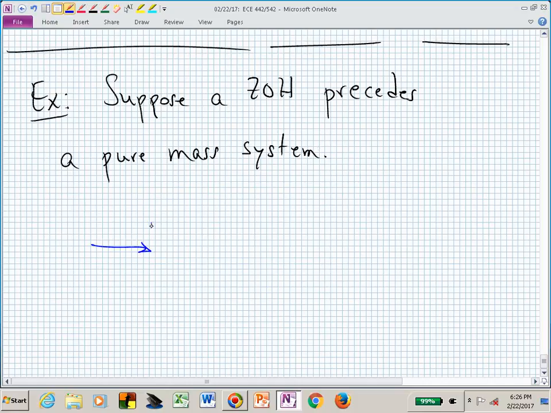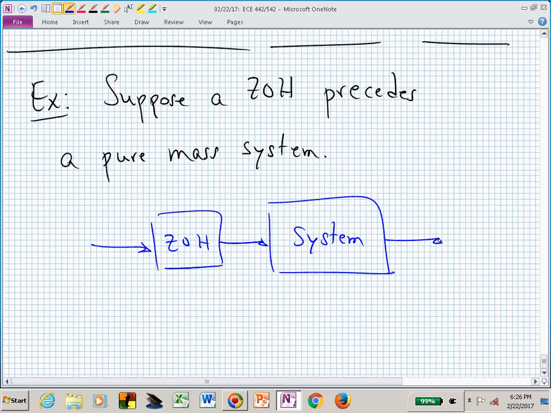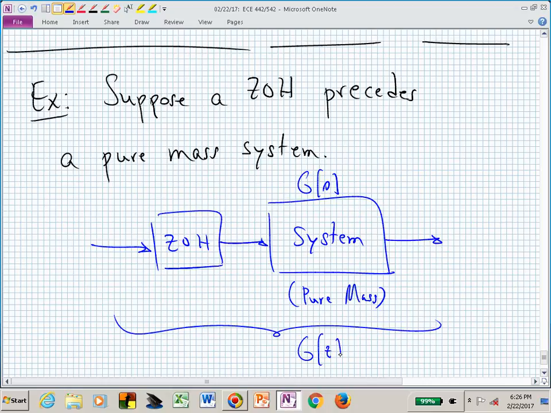Now what I have is a zero order hold, and I have a system which I've called G of S before, but this system is not just a gain 5, it has the dynamics of a pure mass. And I want to know what is capital G of Z, the zero order hold equivalent of that.